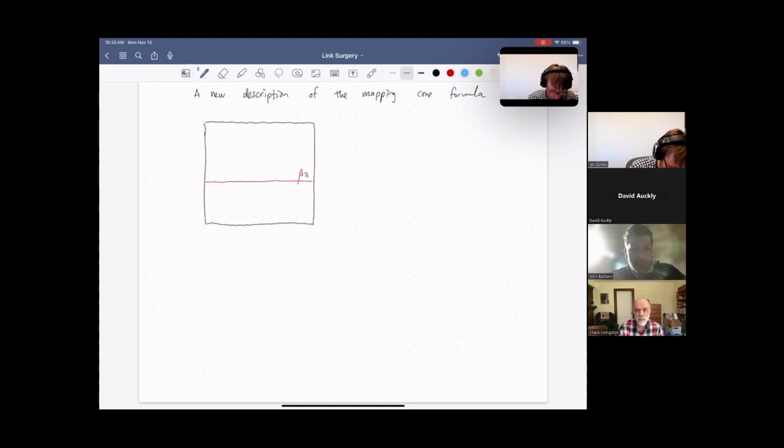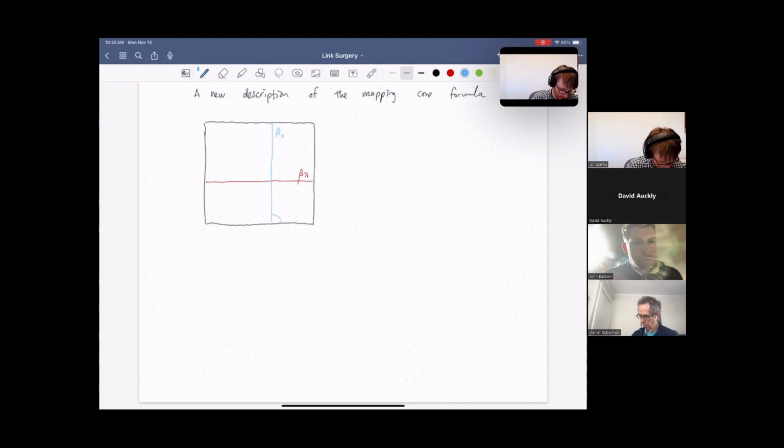We'll start with one that will be the meridian, and I'll call this beta 0. Then I'm going to add a third one, which is going to be isotopic to this beta 0, but it'll be wound once. Maybe I want to move this one up.